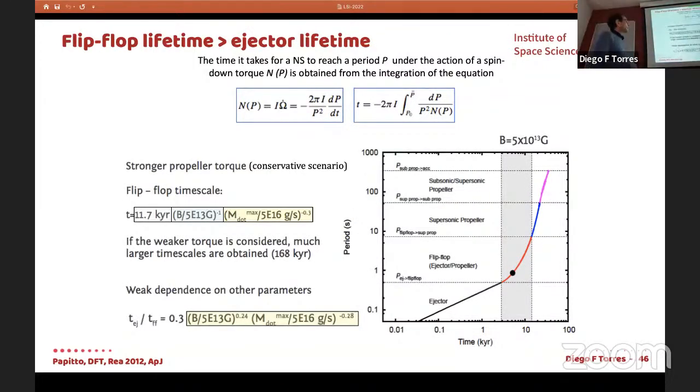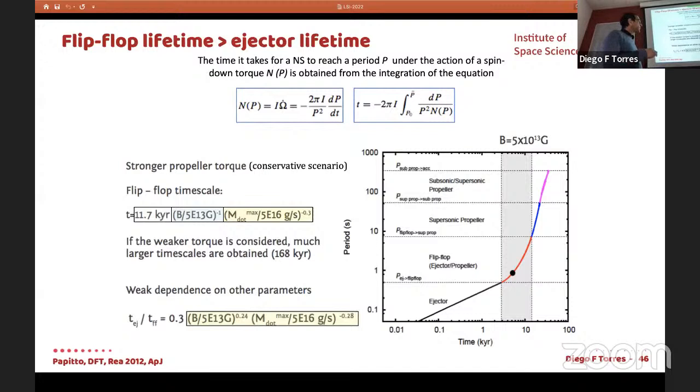So we put forward a model in which we computed the probability of finding a pulsar like this in a propeller state. And we figured out the lifetime in the flip-flop state as compared with the ejector lifetime. We find that, in principle, it is much more likely to find a system such as this in a flip-flop state than in an ejector state.